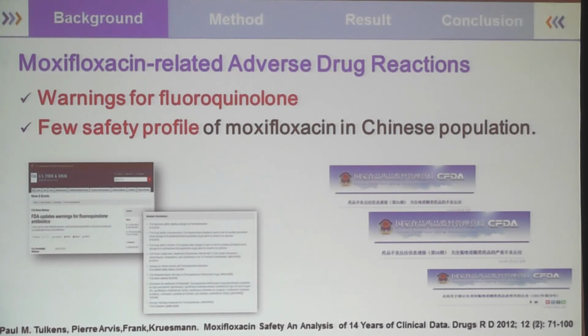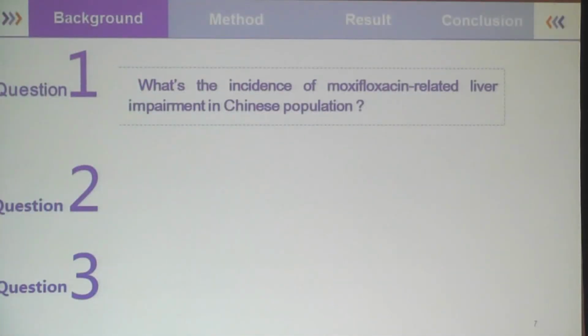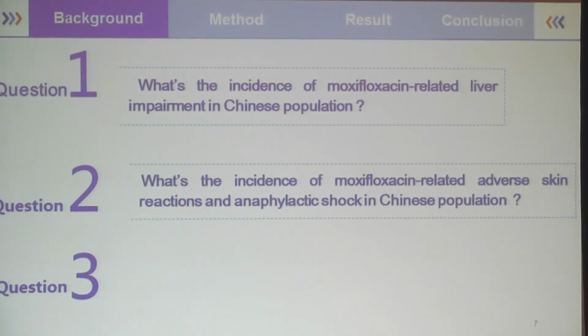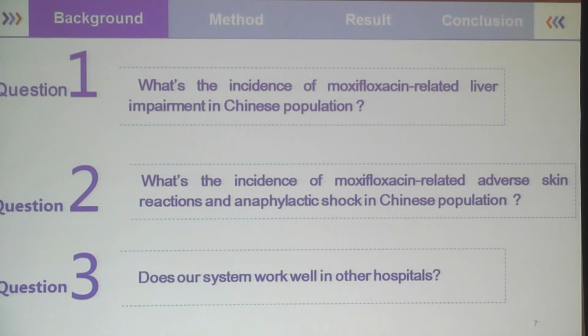So we want to know what's the incidence of moxifloxacin related liver impairment in Chinese population. What's the incidence of moxifloxacin related adverse skin reactions and anaphylactic shock in Chinese population? Does our system work well in other hospitals? To answer these specific questions, let's move to method section.